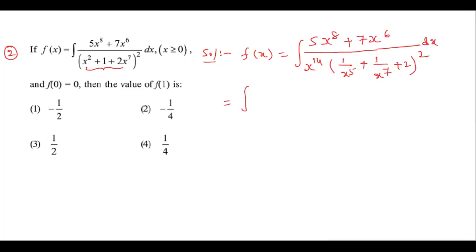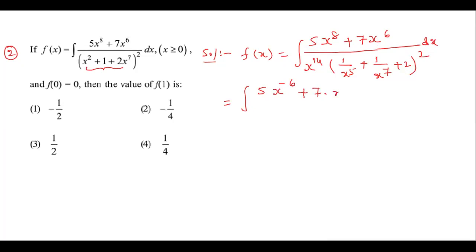Calculate the numerator and denominator, what will come? 5 into x power 8 divided by x power 14 is 1 by x power 6, so we can write x power minus 6, plus 7 into x power 6 divided by x power 14, that is 1 by x power 8.